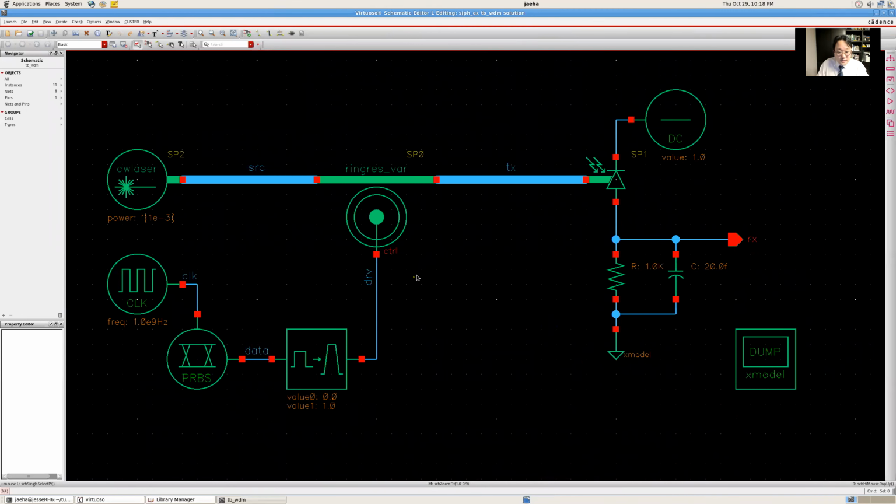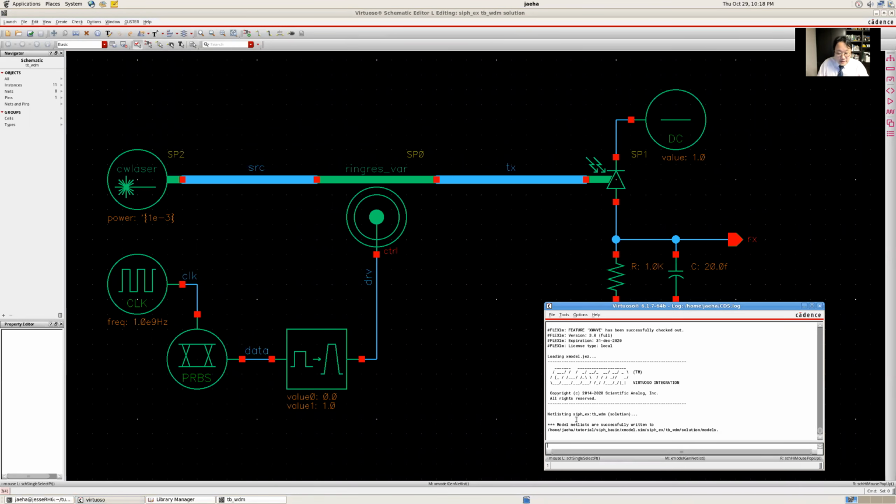Okay. So this is the example that I just explained. It has a laser source. The laser is being modulated by the transmit data, which is converted back to an electrical signal through this photodetector. To generate the SystemVerilog netlist, the model from the schematic, you click this Generate XMODEL Netlist menu.